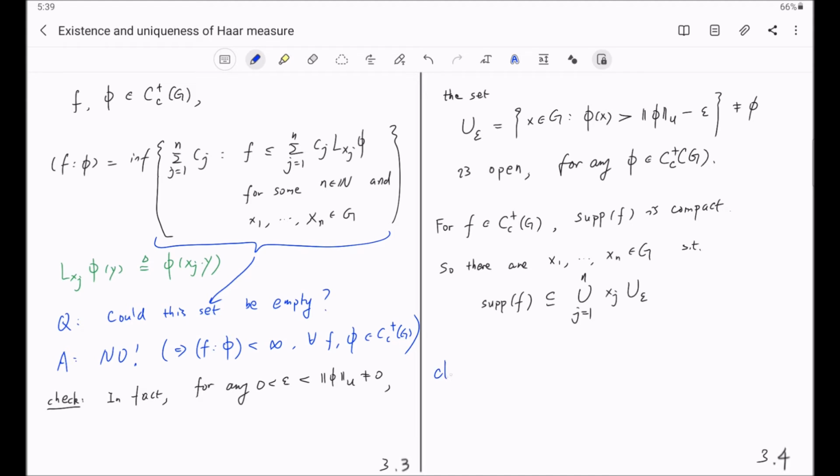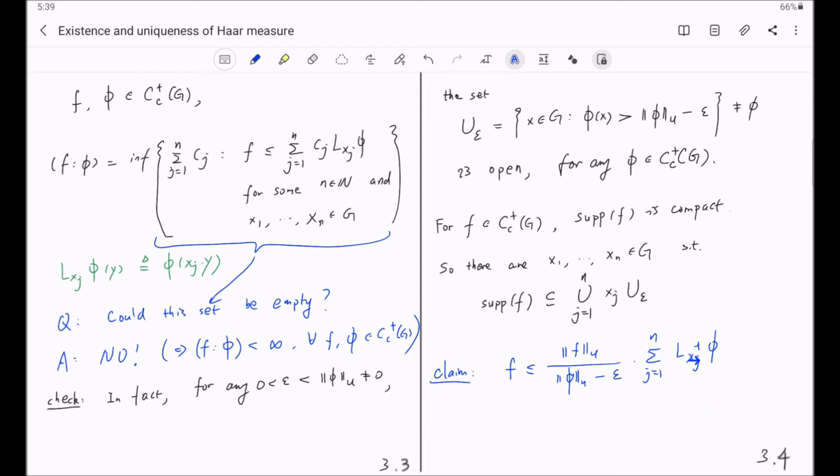We claim that there's the following inequality: f is less than or equal to the supremum norm of f divided by the supremum norm of phi minus epsilon, times the summation of all such left translates of phi by x sub j inverse, j from 1 to n.